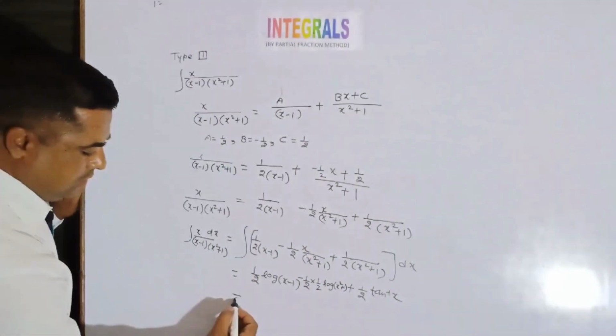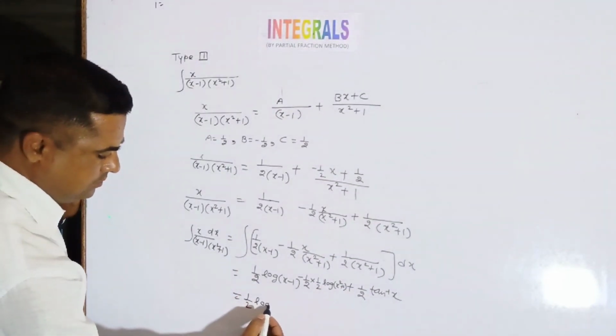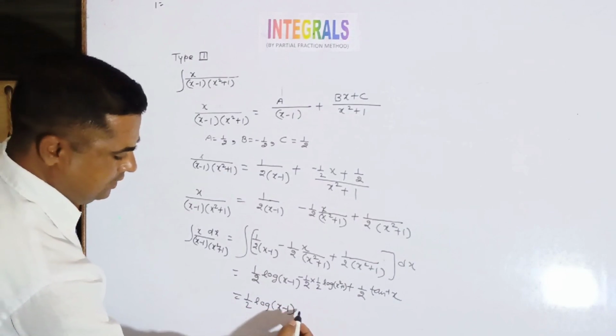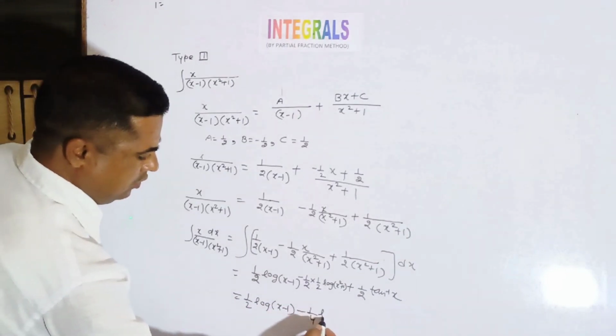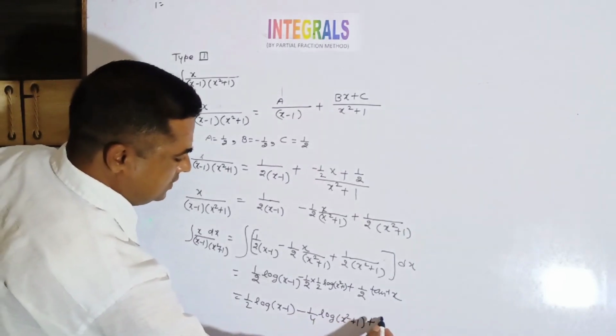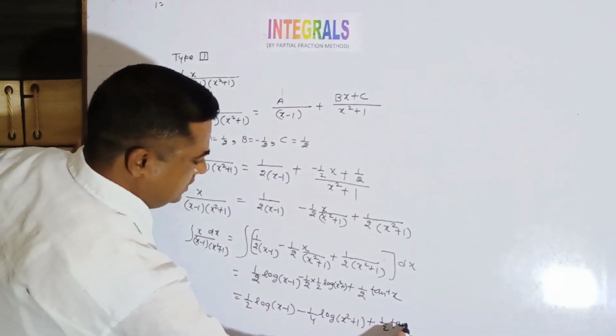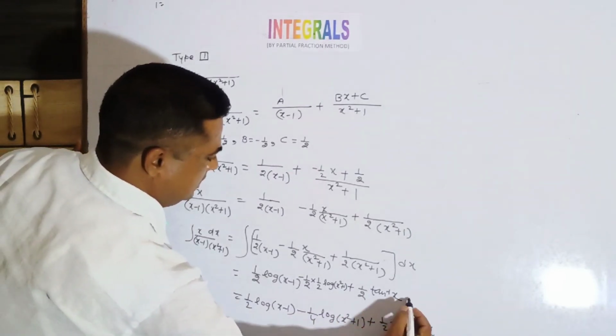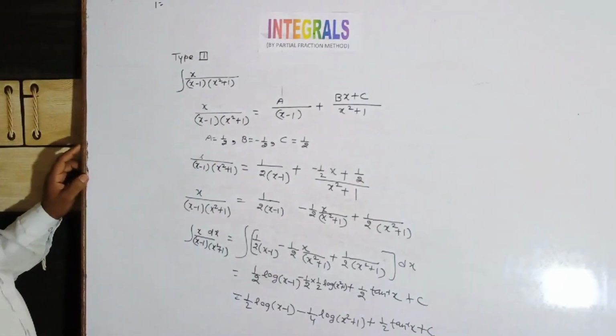So your final answer will be 1 by 2 log of x minus 1 minus 1 by 4 log of x square plus 1 plus 1 by 2 tan inverse x plus c. This will be our final answer.